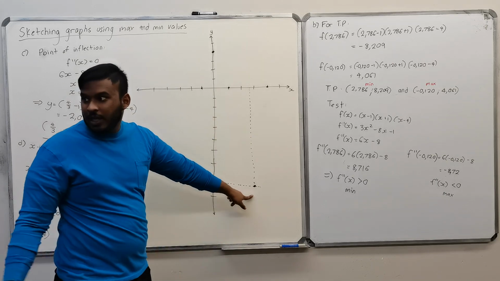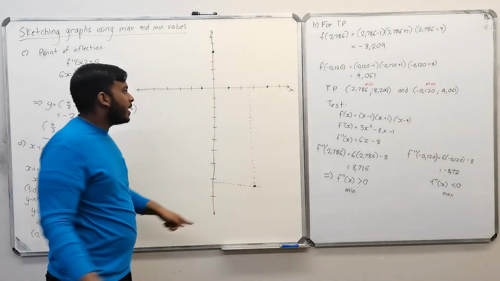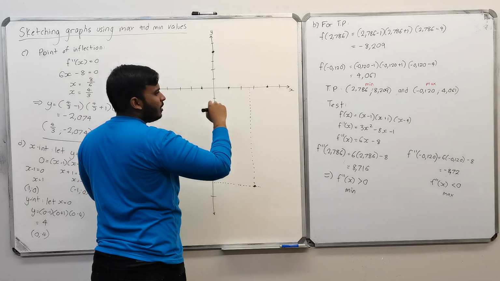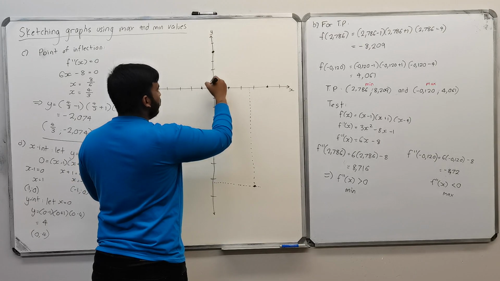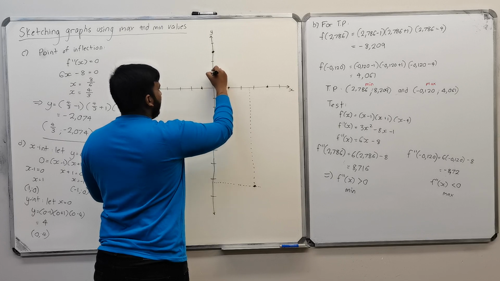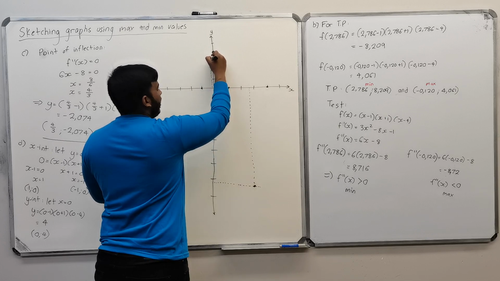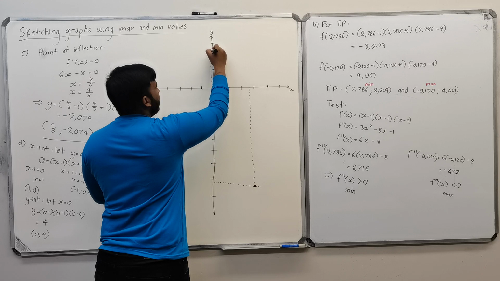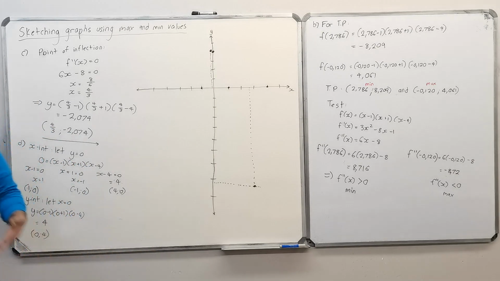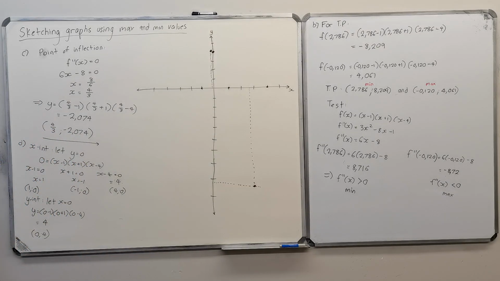So that's the minimum turning point. And your maximum turning point is at minus 0.120, so let's take somewhere here, right? And your other value is very close to that value. And then what's left to do?